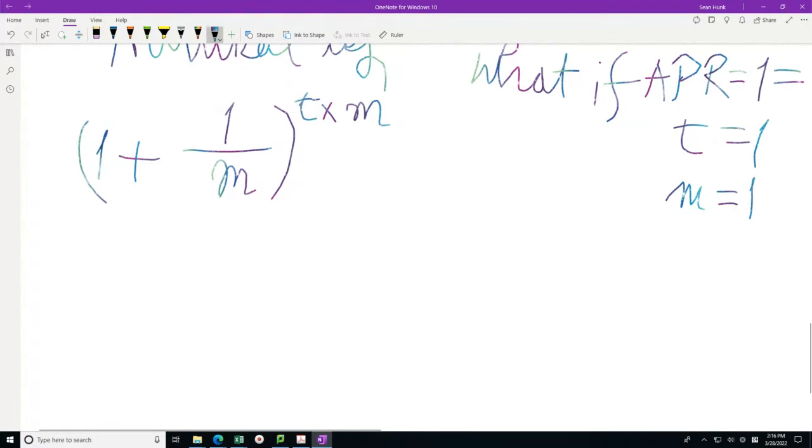And we can ignore T because T is 1. So it's going to be just 1 plus 1 over M raised to M. Okay. Now, because M is 1, right?